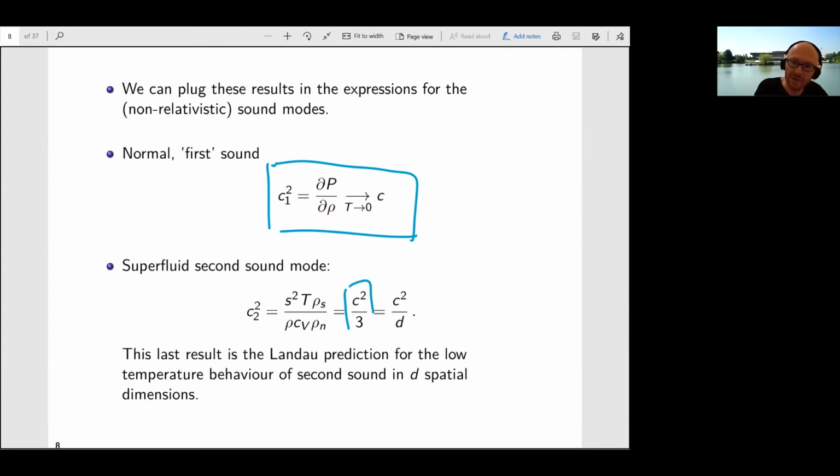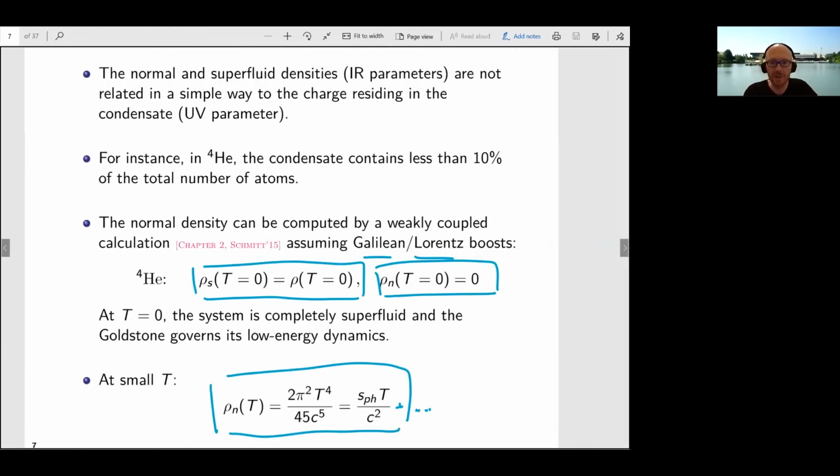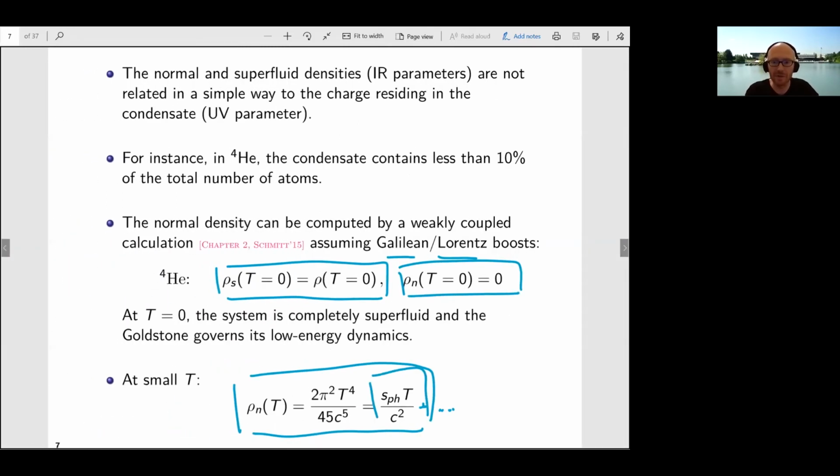You would find C squared over 3, which actually happens to be C squared over D, where D is the number of spatial dimensions. And this is a famous prediction by Landau for the low temperature behavior of second sound in these spatial dimensions. But importantly, it relies on this guy going to 0 at 0 temperature in the way that I've shown on this slide.